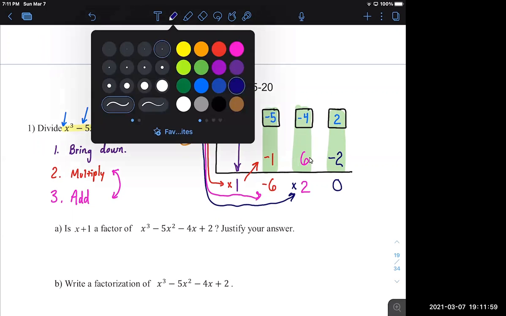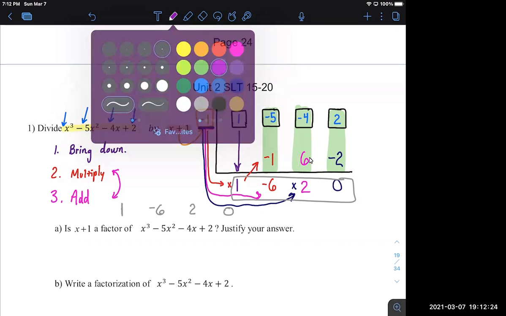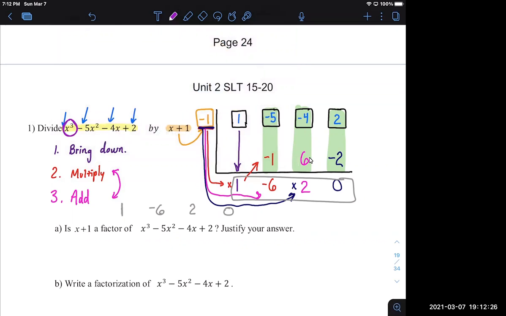So I take these numbers that are at the bottom, the 1, negative 6, 2, and 0, and I'm going to write those all out. So we have 1, negative 6, 2, and 0. Now, we started with an x cubed, so I need to do 1 less than an x cubed, so that would be 1x squared.